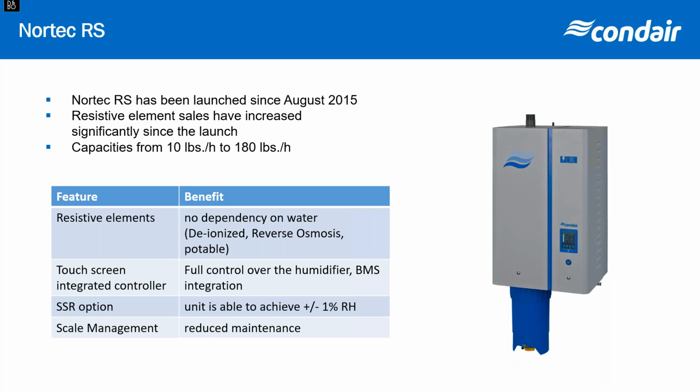It lends itself very well to high precision with SSR controllability as an option. And it also lends itself very well to really, really tough water conditions. For those of you that live in Waterloo, you'll be all too familiar with those conditions. And with having a scale collection bucket and some other features with a scale solution, that helps to maintain the length and longevity of the operation of this unit.